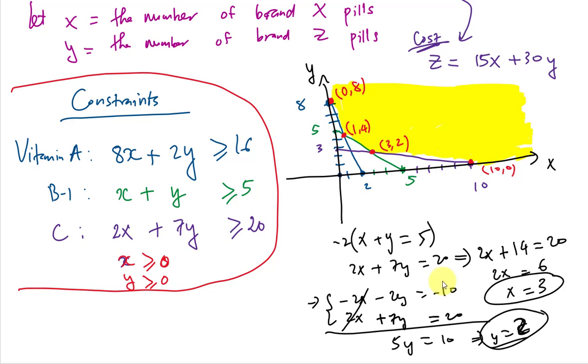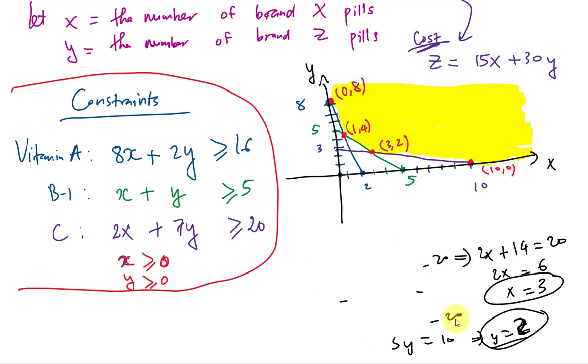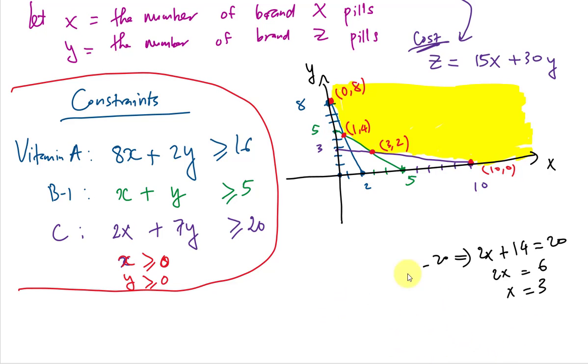So now we have everything. We have all the points, right? But we need to be able to use the corner points theorem. Alright, so after you have everything, then I am going to use the corner points theorem together with the objective function. Okay, so let's do it down here.